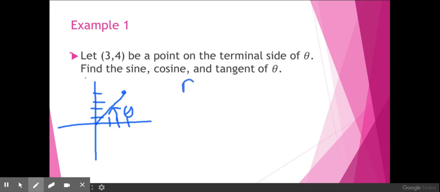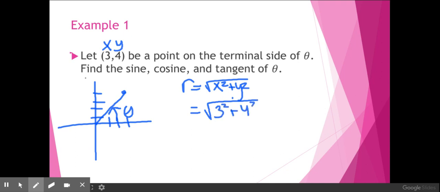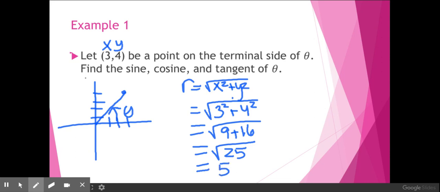The radius is equal to the square root of x squared plus y squared. This is my point, x comma y. So when we plug this in, we get 3 squared plus 4 squared, which is the square root of 9 plus 16, which is the square root of 25, and 25 is a perfect square, so we get r equals 5.